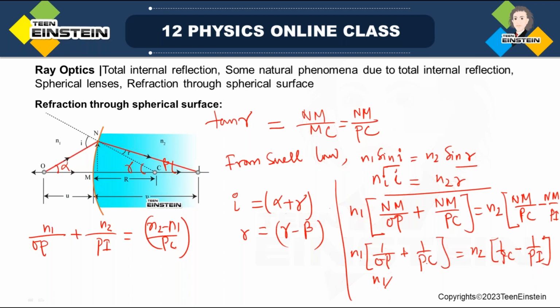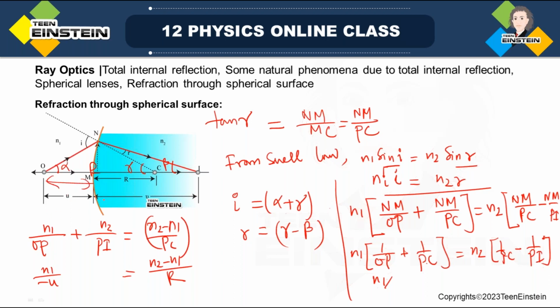PC means what? PC means here, PC means R, right? And this R is positive R. Okay, positive R. So N2 minus N1 is R. And see, OP is what? OP is here actually minus U. See, N1 by minus U. OP means this distance.